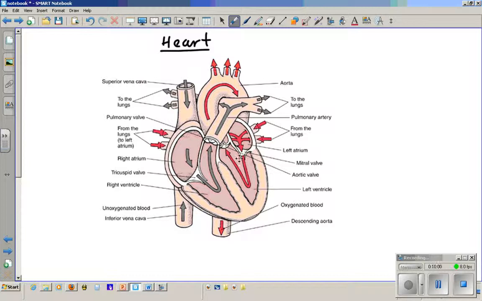Then during the systolic phase, when the ventricles contract, these arrows indicate that blood is going out of the heart. So this is one biological or anatomical application of vectors, in the human heart. All these arrows represent vectors, and the vector in this case is blood flow.